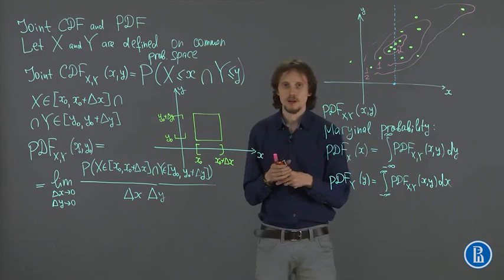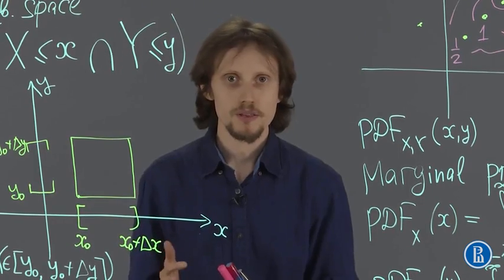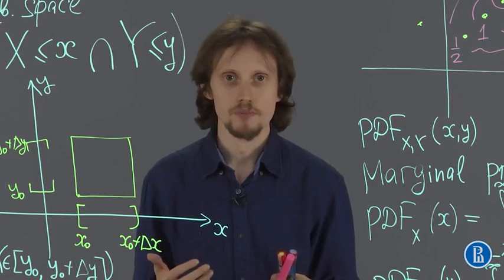Thus, as you see, joint probability density functions for a pair of random variable is a notion that is very similar to joint probability of discrete random variables.